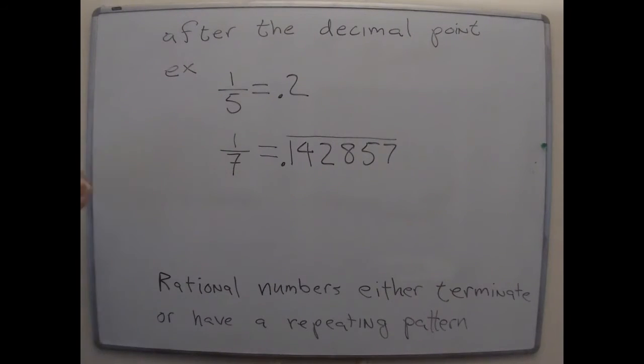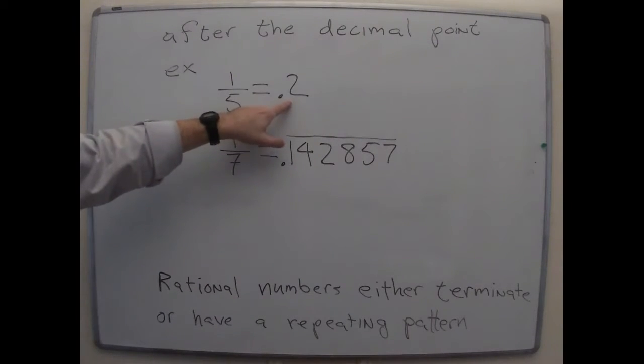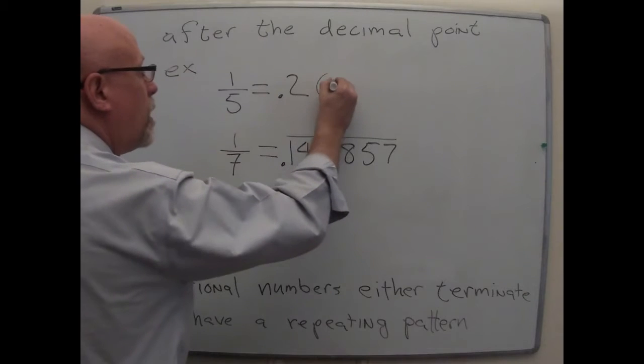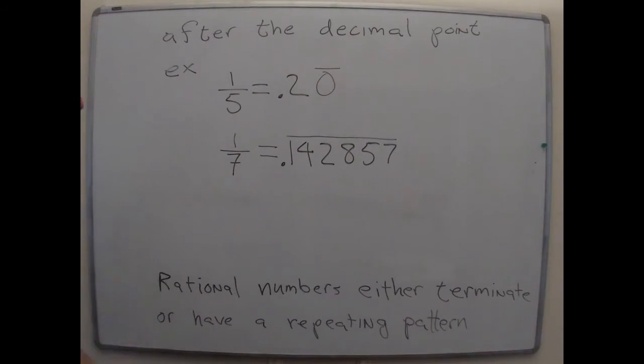If you write one number over another, you're going to get either termination, which you can think of as a whole bunch of zeros repeating, or a true pattern that repeats over and over again. And if it doesn't have such a pattern, then it's not rational.